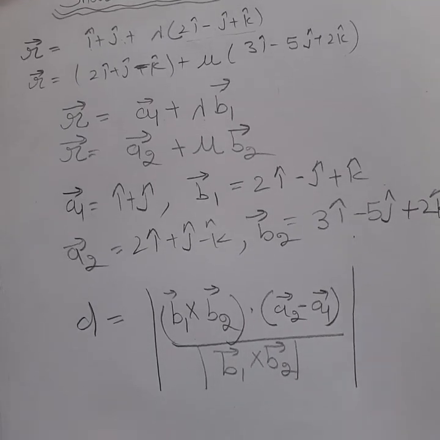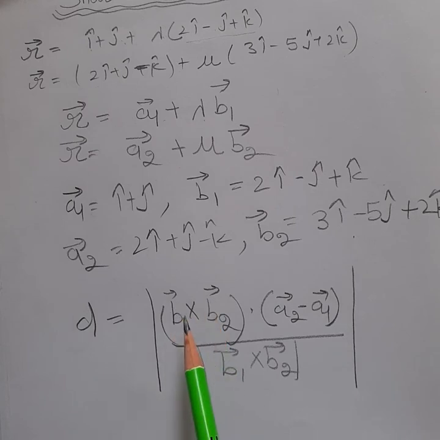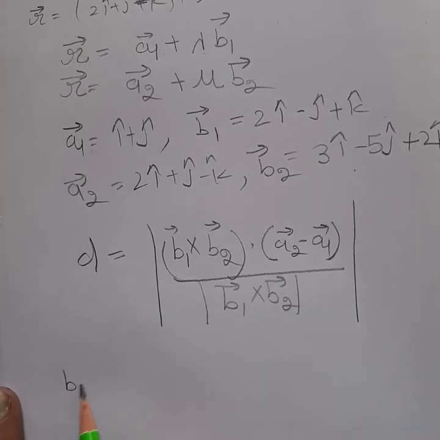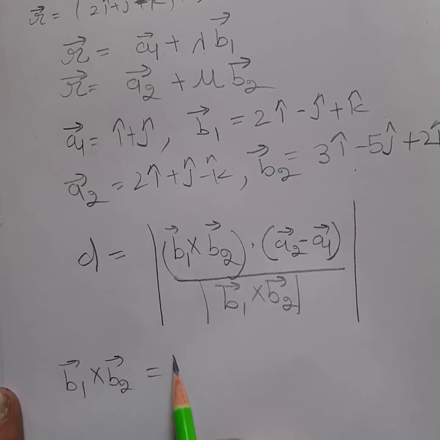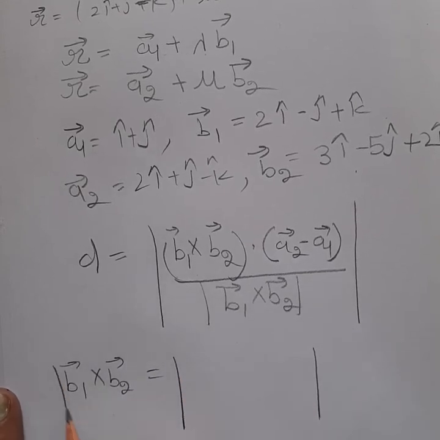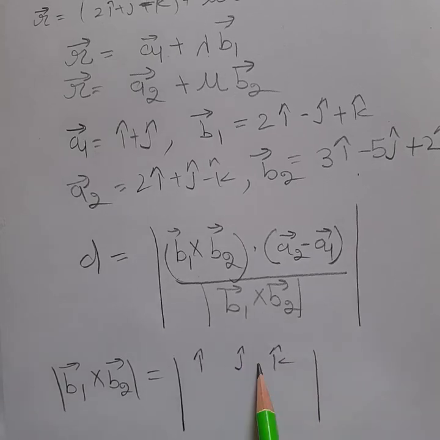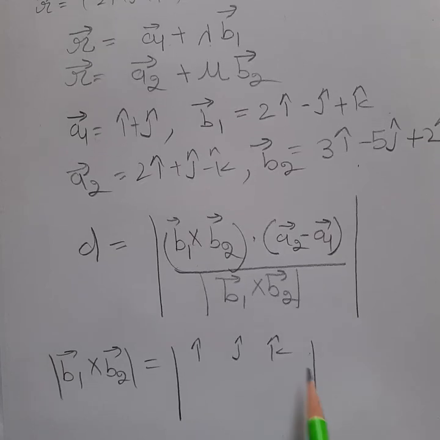Okay, now our first step is we can find b1 cross b2. So students, if you find b1 cross b2, then you have to write it as i j k. First of all, we have to write these components and the coefficients of b1.